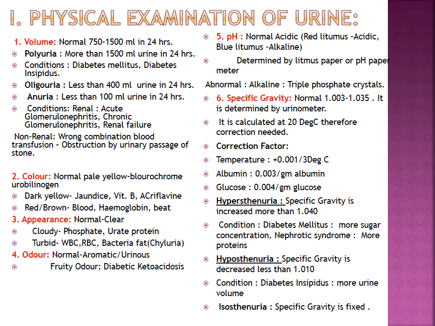So this is a differentiating point. Specific gravity is the differentiating point for diabetes mellitus and diabetes insipidus, because in both conditions you will see polyuria. Then isosthenuria is when the specific gravity is fixed. So this is about physical examination of urine.